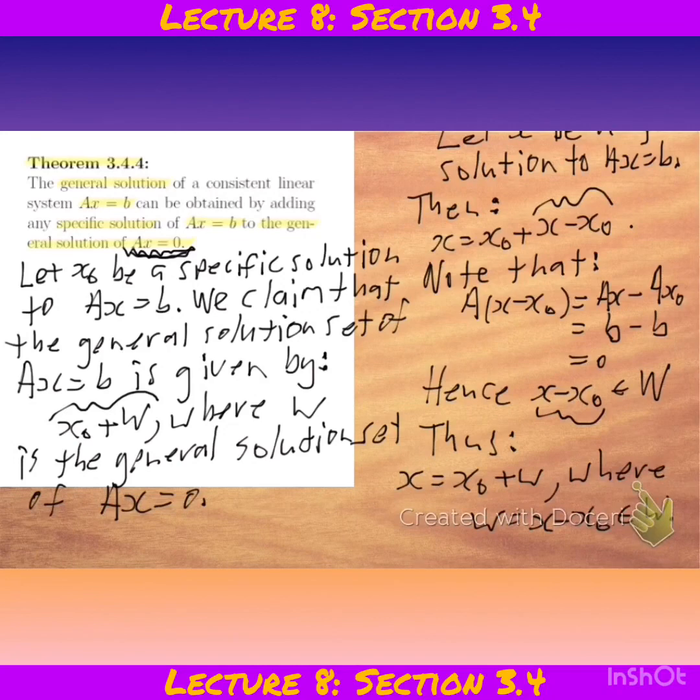So basically the general solution set of Ax equals b is just a specific solution, choose any one x0, added to every solution in the general solution set of Ax equals 0.